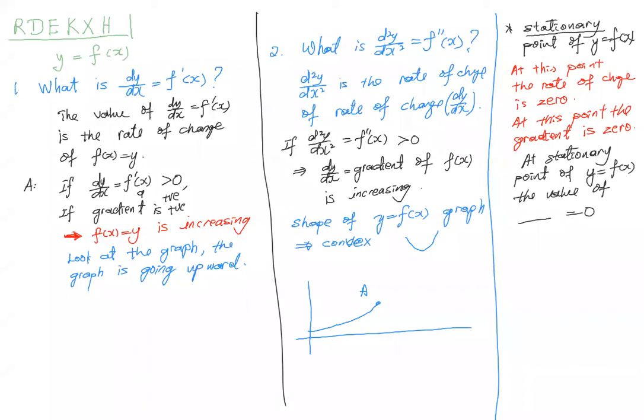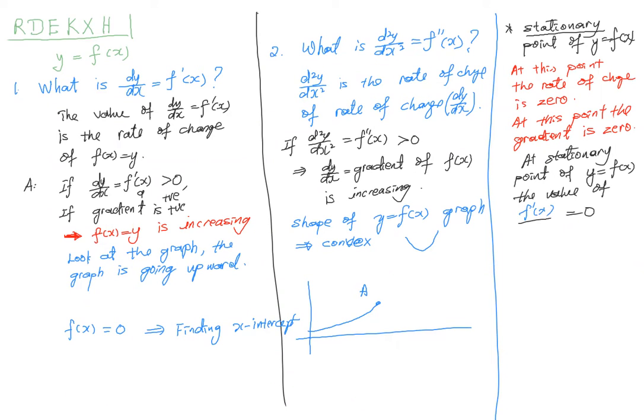If I have a graph y equal to f(x), f(x) equal to 0 means I'm finding the x-intercept. You see, in maths, you must know. So now I say at a stationary point of y equal to f(x), the value of what is equal to 0? F prime x, yes.